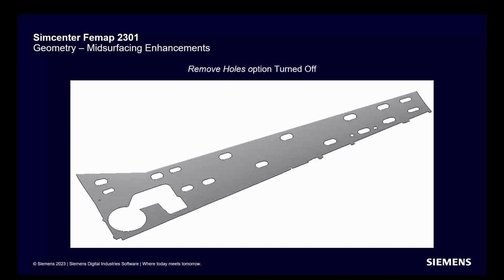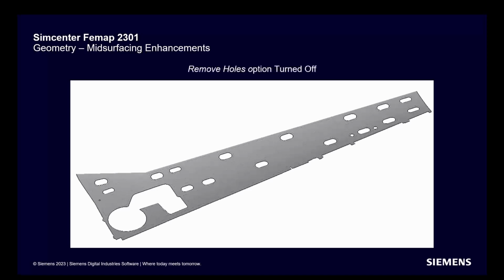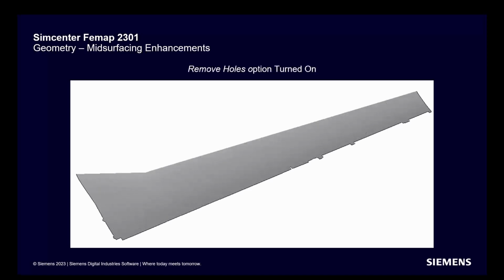And you can see, if we go back and forth, it seems like it is ignoring a lot of these other pockets that don't seem to be holes, but are rather just pockets. But we do end up with a bunch of holes. So then if you turn on remove holes, they're obviously just gone.